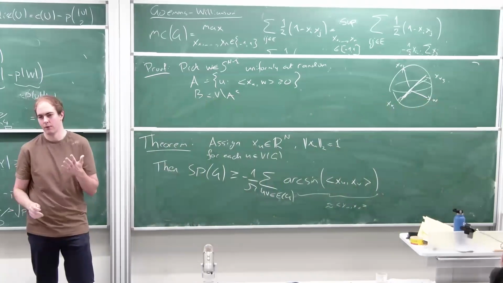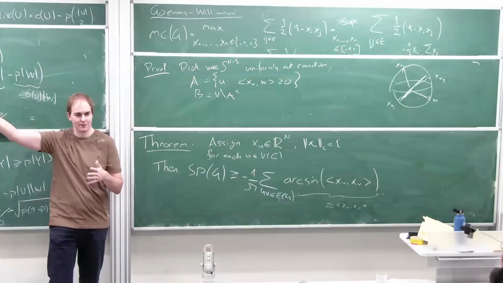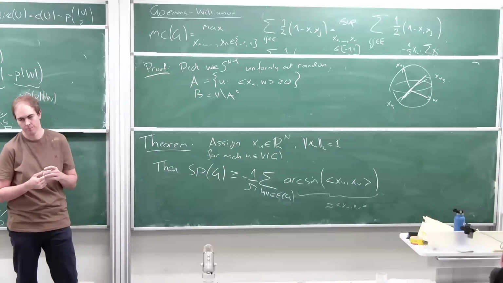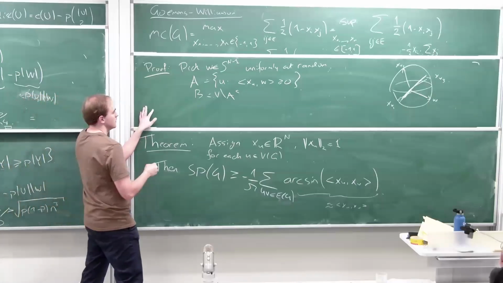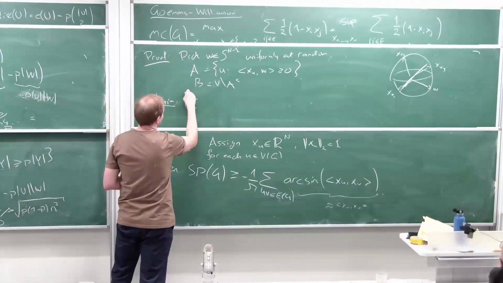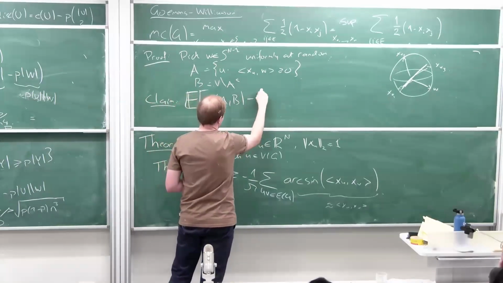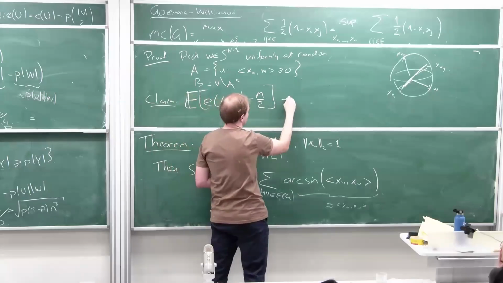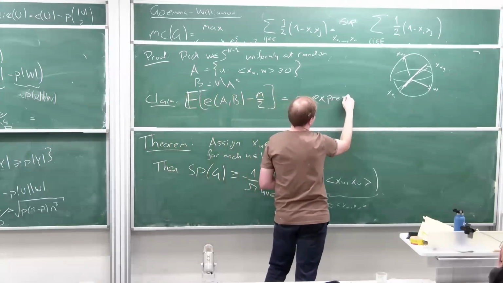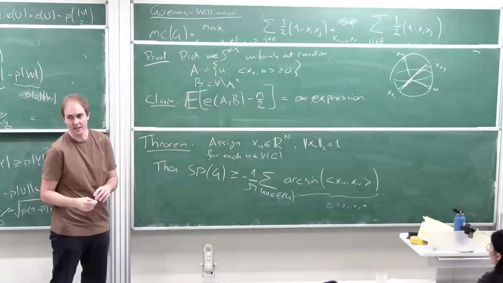And the cut in the graph will be those vertices which are on one side of this half sphere generated by this plane orthogonal to W. And we claim that this is just the expected size of the cut.